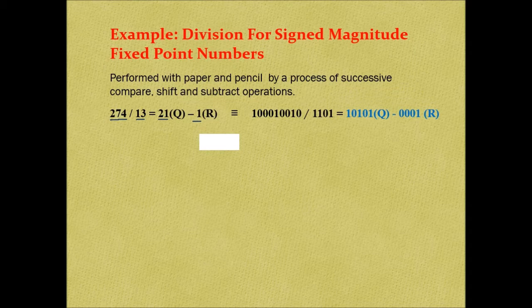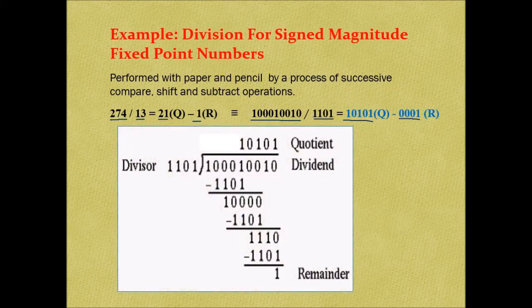If we convert this into the binary form, we will get this value and this value, and the result is this one, that means 10101 and the remainder is 1. So now let's see the conventional way of division. Here you can see that this is our divisor and this is the dividend.